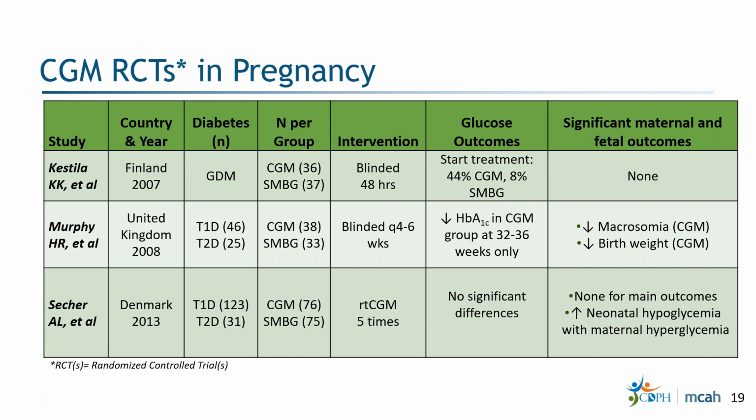So they don't get the alerts for highs and lows, but the clinical team sees it and can use it to make recommendations for insulin adjustment. So in wearing this every 4 to 6 weeks, there was actually an A1C reduction in the CGM group, only at that 32 to 36 week mark, but there were actually significant improvements, being a decrease in macrosomia and a decrease in birth weight with the CGM group compared to the BGM group.